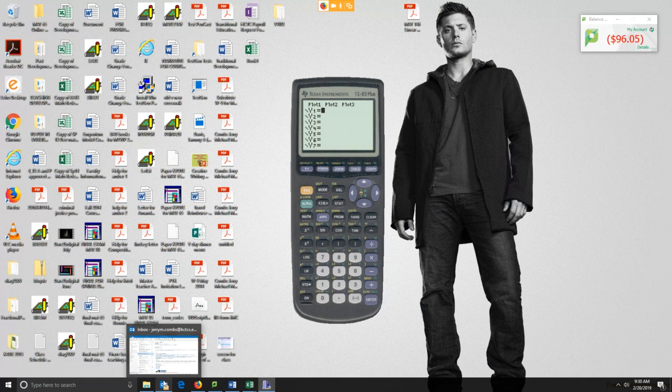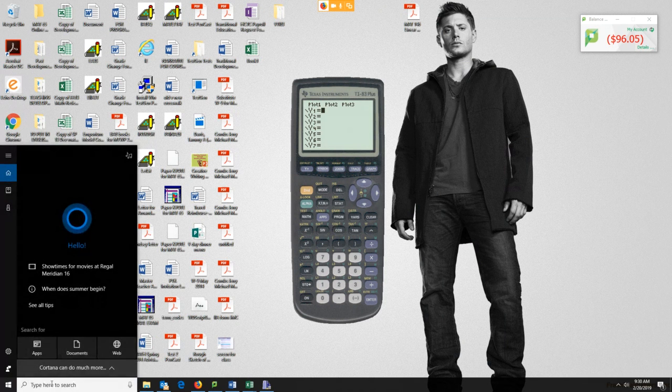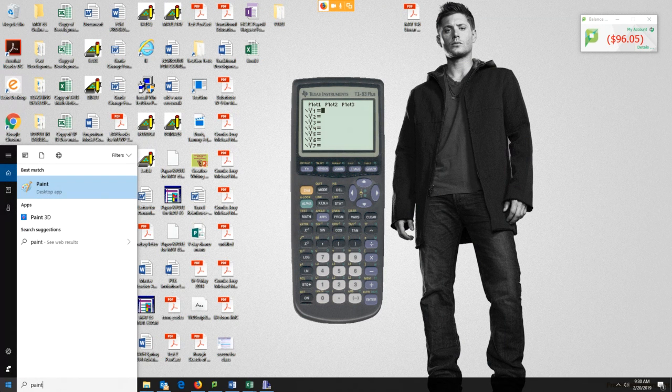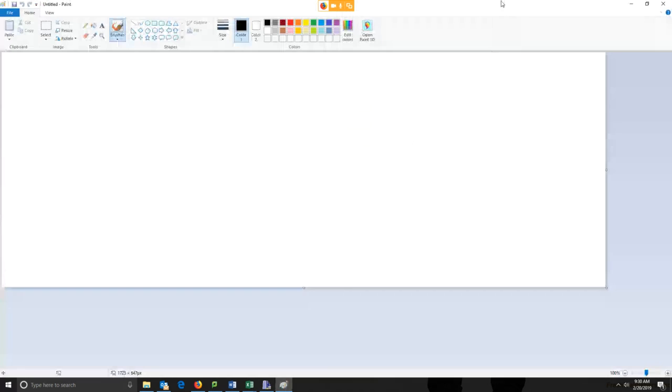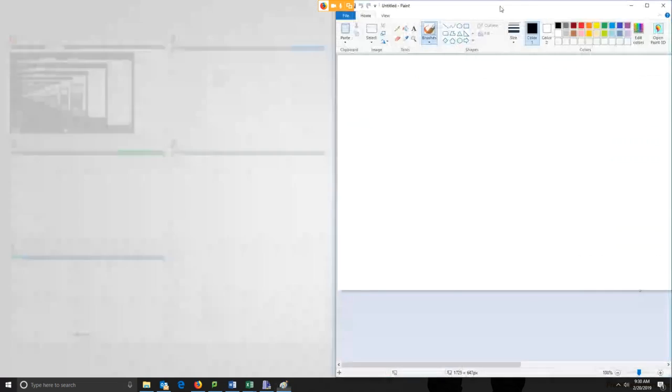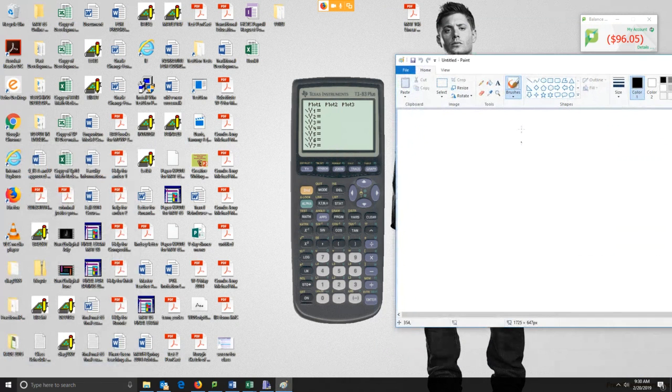Now, what I'm going to do is use X and Y in place of P sub n and P sub n minus 1. So let me bring up Paint just so I can write this. In the calculator, instead of P sub n, that's going to become Y, so Y1 right here.